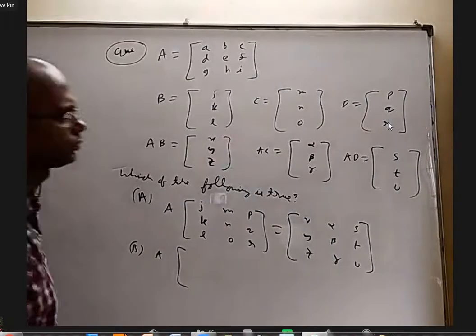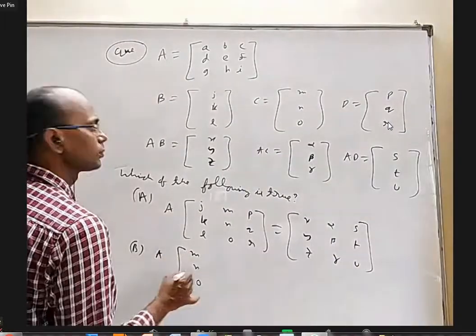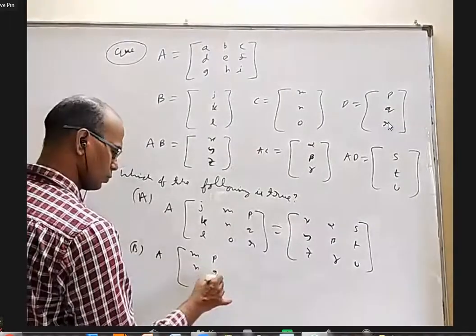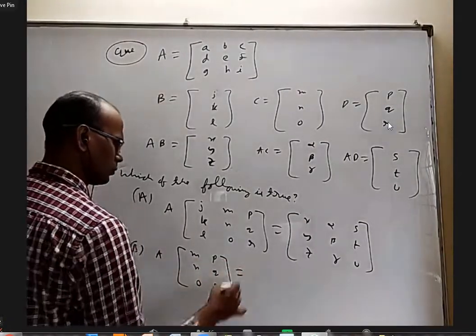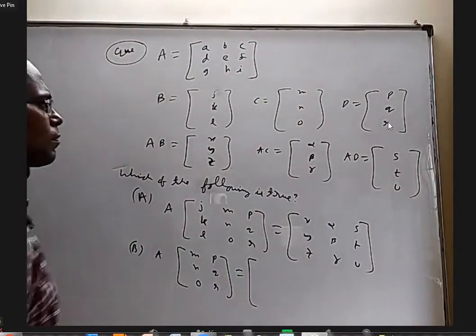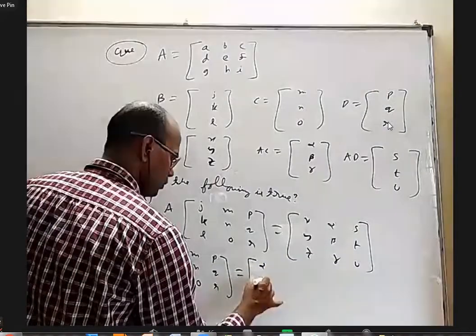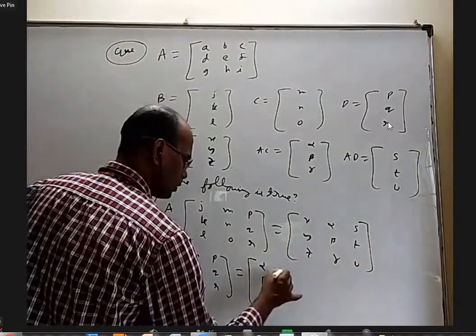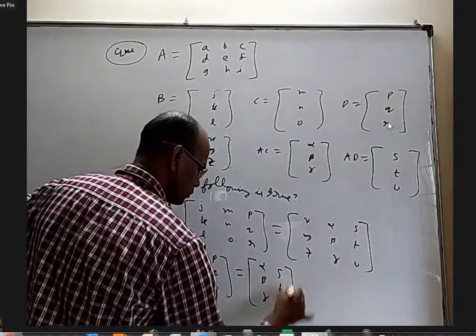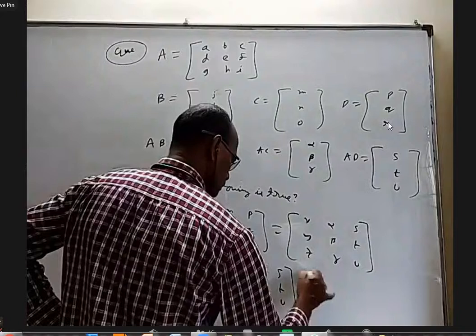A into M, N, O and P, Q, R is equal to alpha, beta, gamma, delta, S, T. And C bit.